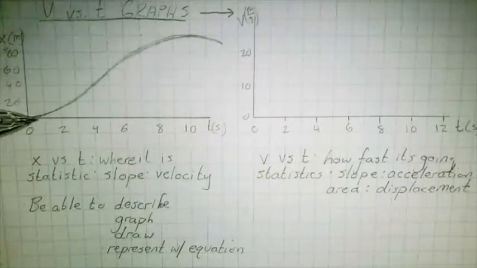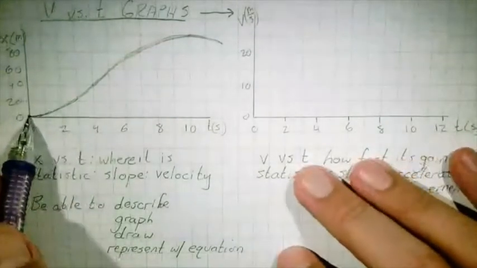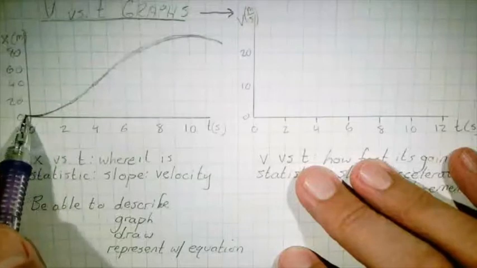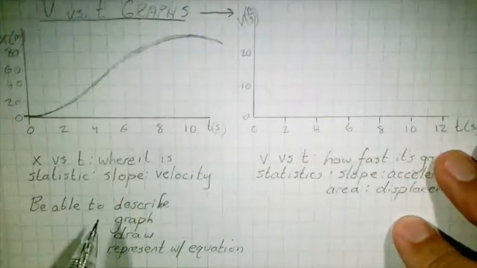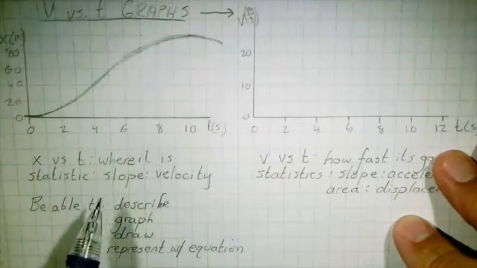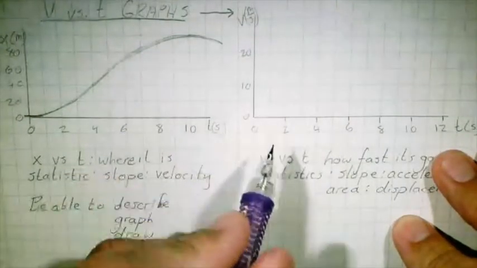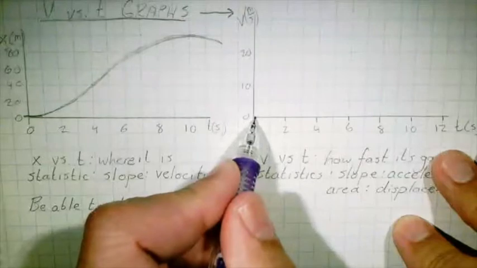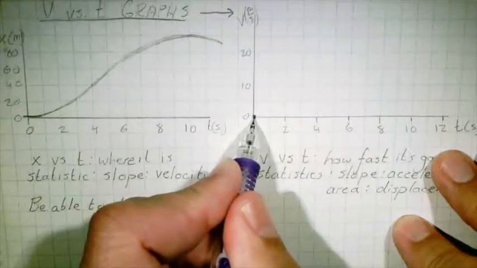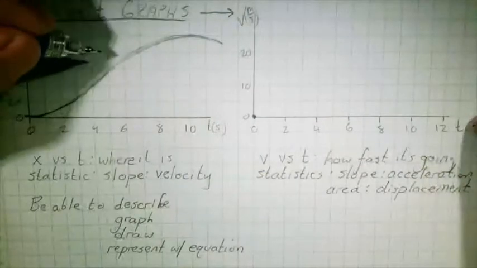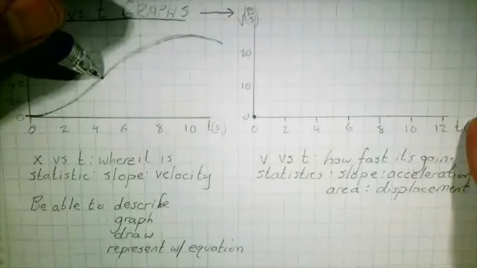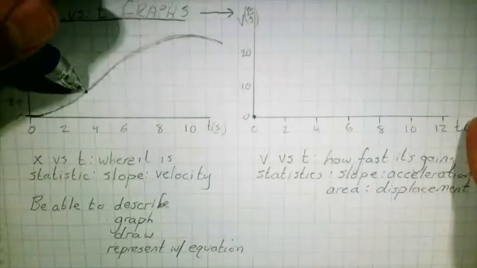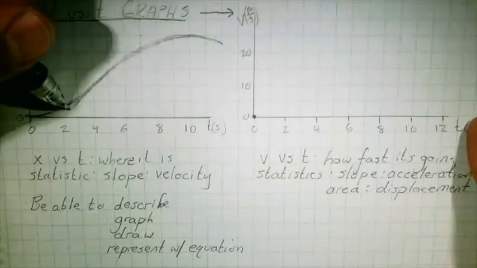I said here that it starts out essentially flat. If I draw a tangent line to this part right here, from 0 to a little less than 1, it looks like the slope is 0. So when we come over here in the velocity versus time graph, that means it's going to be a very small velocity. Let's say it starts at 0. If we come over here and draw a tangent line at this spot, let's say at 4 seconds, it looks like it's about as steep as it'll ever be.